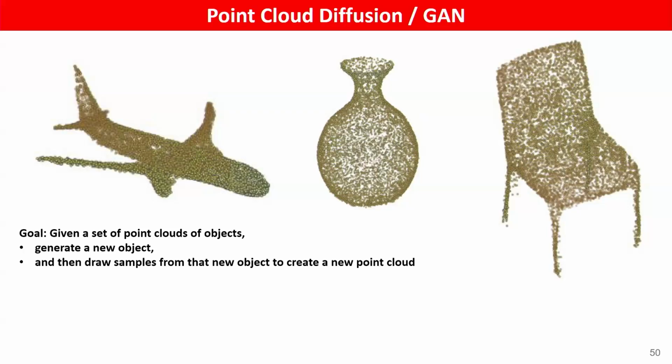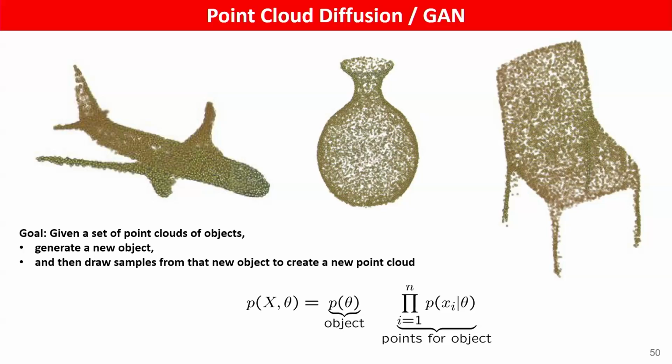And then when you decide it, you can generate points from the corresponding three-dimensional distribution of that object. Right? So first, you have a theta. The theta decides whether you want to generate an airplane or a vase or a chair. Then when you condition on that, each theta defines a new three-dimensional distribution, and you try to generate more points from those three-dimensional distributions. So that's how they work.